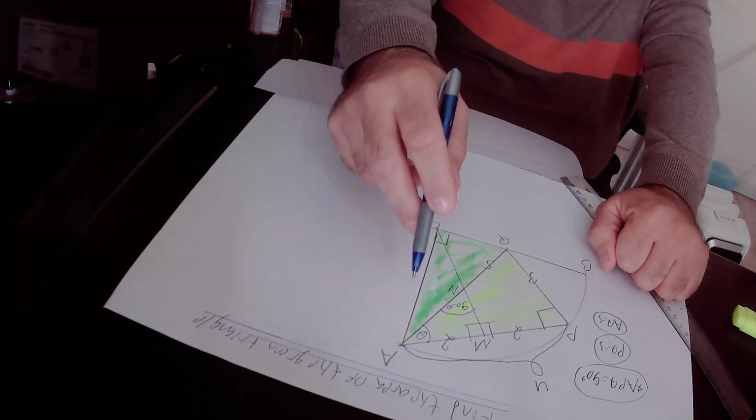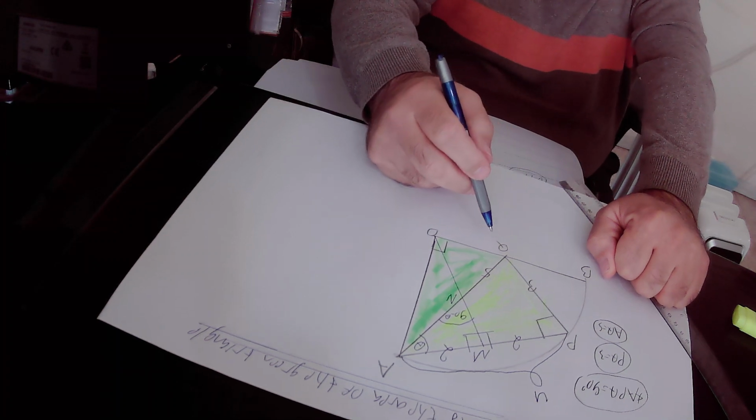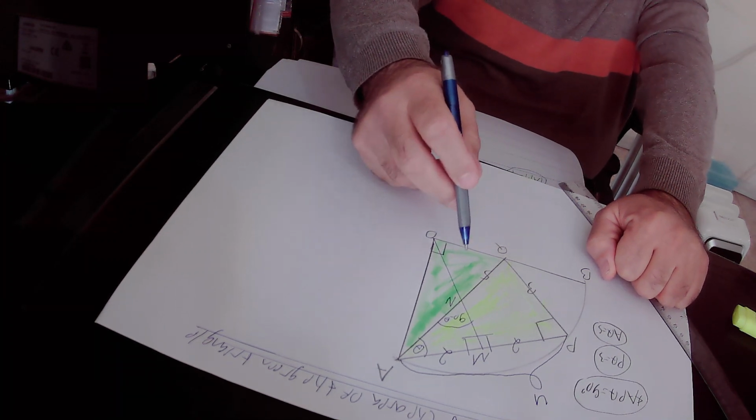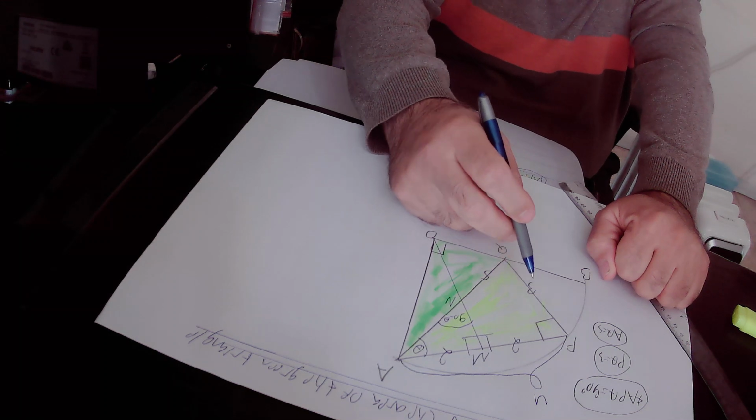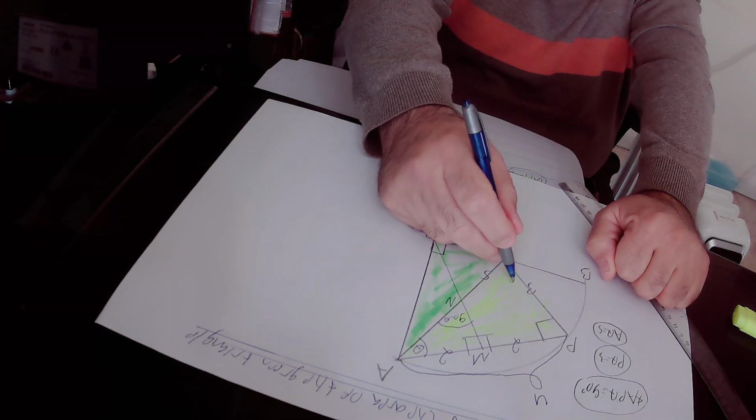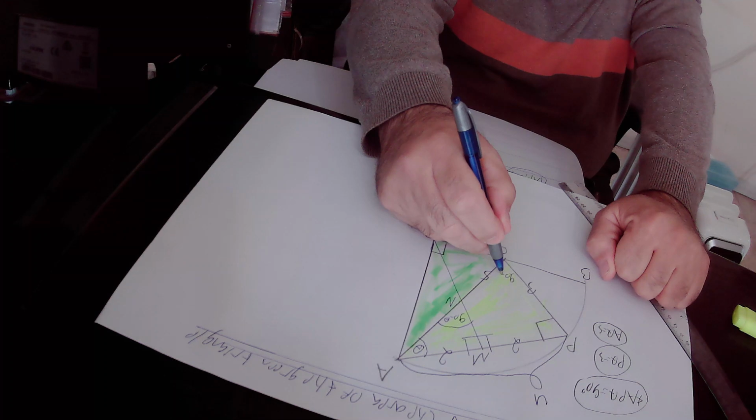Likewise, in the big yellow triangle APQ, this angle equals theta, this angle equals 90 degrees, therefore the missing angle must be equal to 90 degrees minus theta.